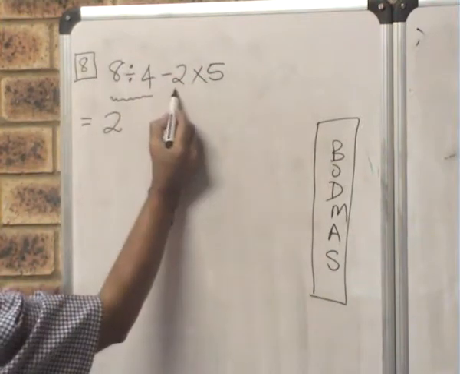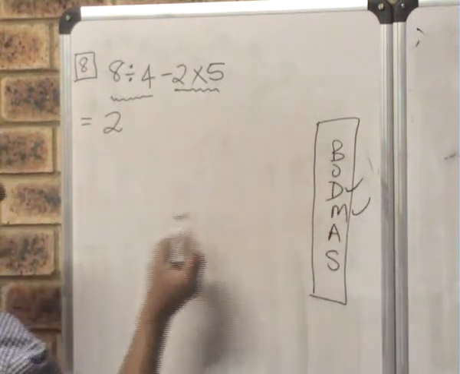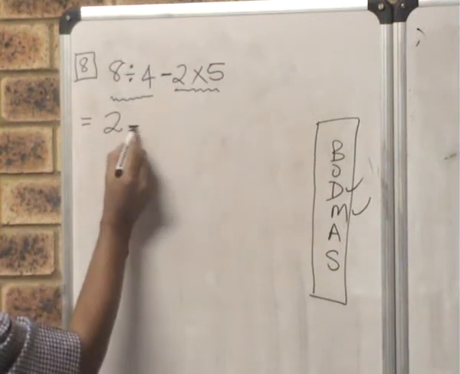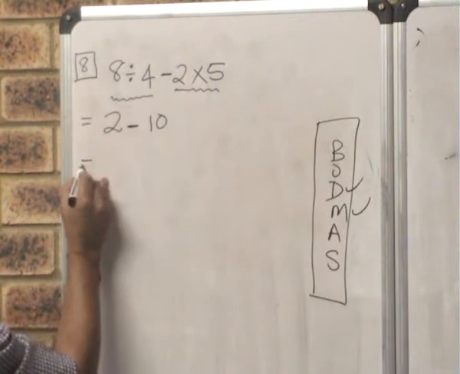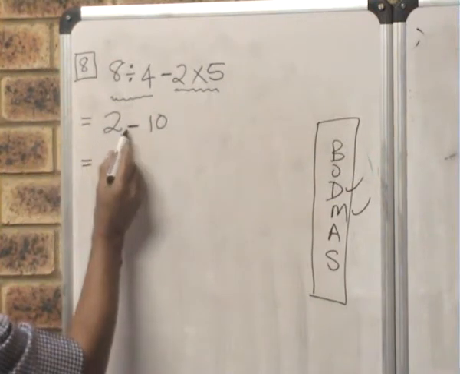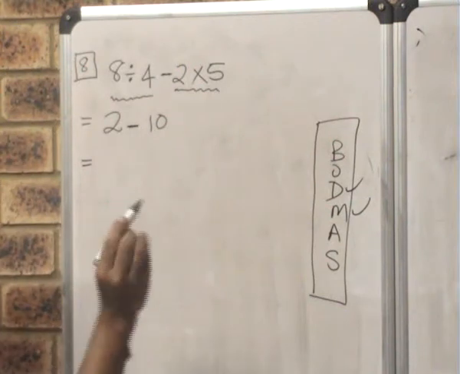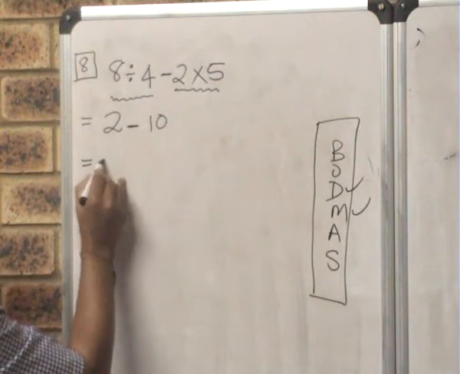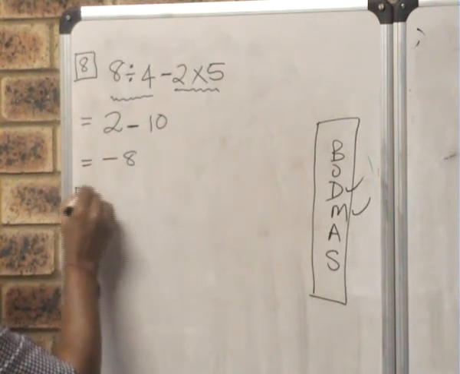And when I look at it again, I see there is a multiplication. So I'm now going to apply multiplication. So there's the minus sign from there. It's just written here. And 2 times 5 gives me 10. Now watch. 2 minus 10. This is integers. Recall your integer rules. You got 2, you're owing 10. Therefore, you'll end up owing 8.